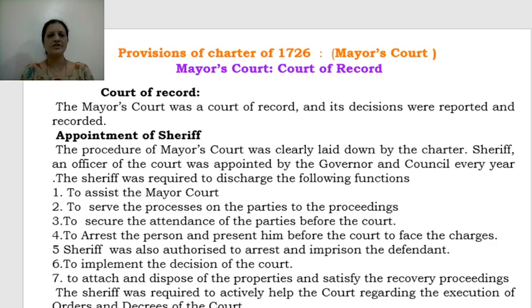Number 5, the sheriff was also authorized to arrest and imprison the defendant. Number 6, to implement the decision of the court. Number 7, to attach and dispose of the properties and satisfy the recovery proceedings. The sheriff was required to actively help the court regarding the execution of orders and decrees of the court.